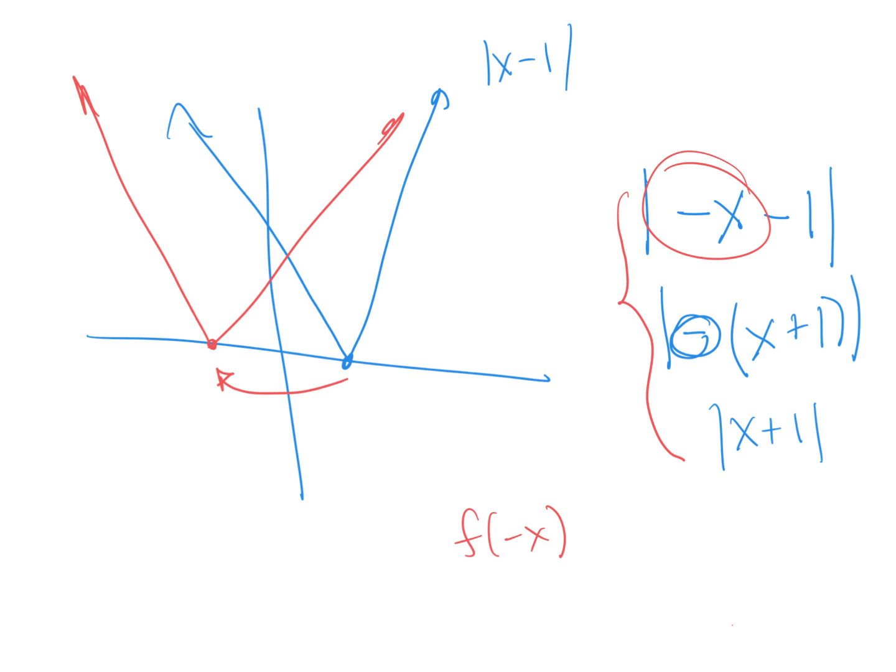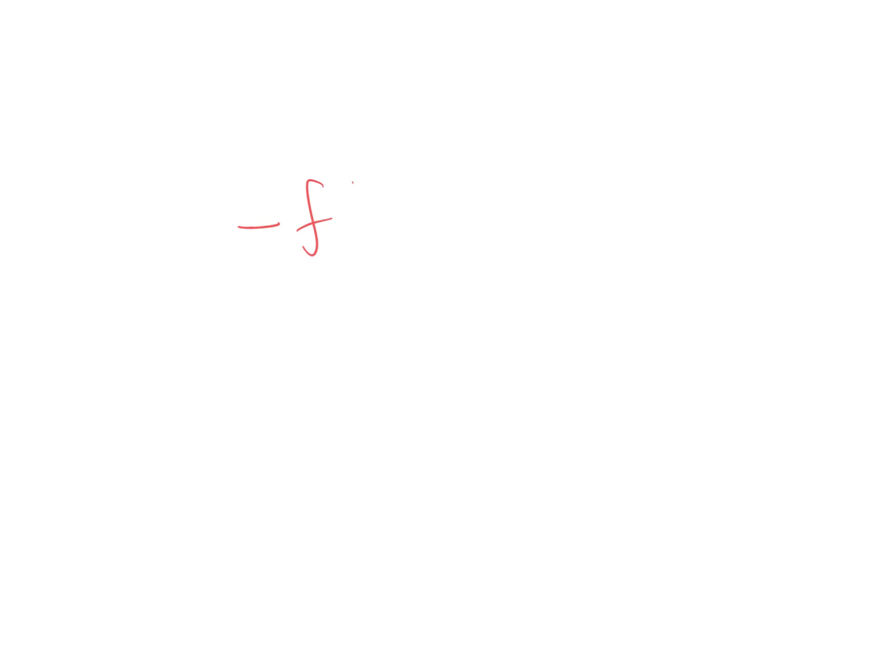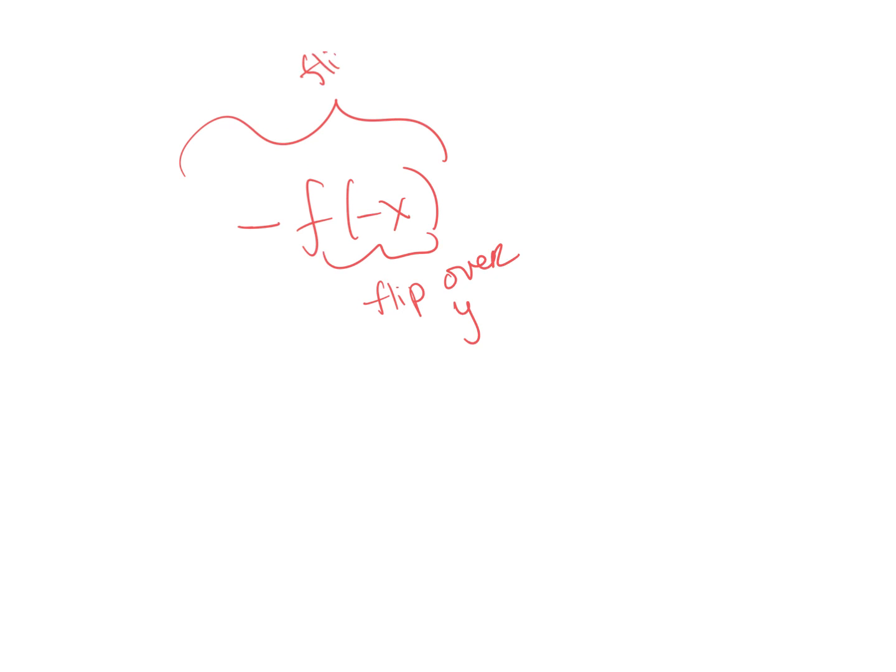What if you have a negative f of negative x? Do those cancel? No, if you were to have a negative f of negative x, this would flip over the y, and this one flips over the x.